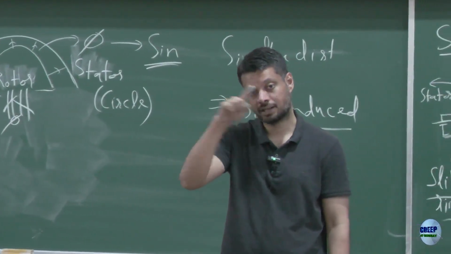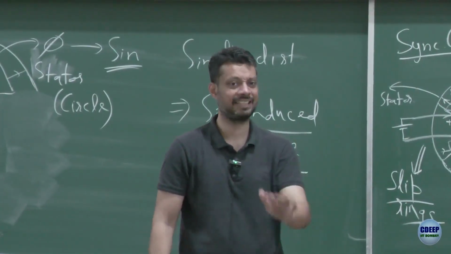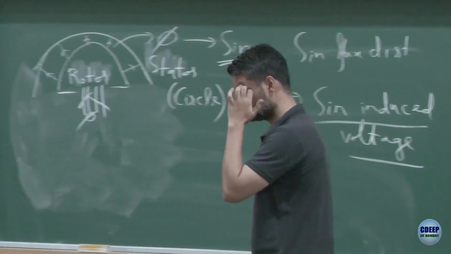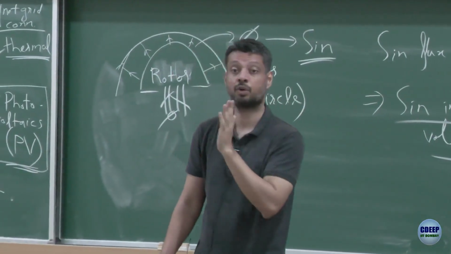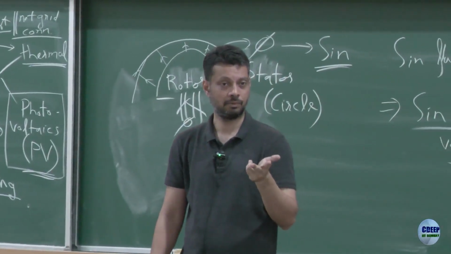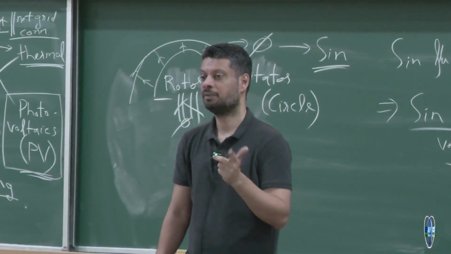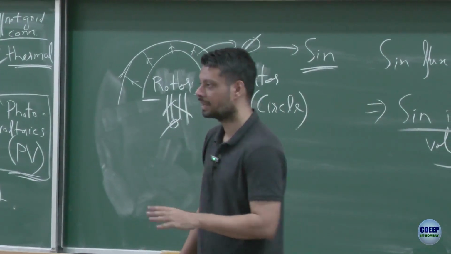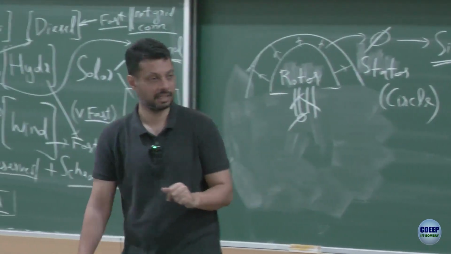In the other case, you get a square wave. It's exactly the same thing, just revising it. Of course, we didn't record those lectures, but it is exactly the same as what we discussed in the beginning of the course, when we were talking about the first few lectures of DC motor. You can go back and have a look at it, then we can discuss it again if required.